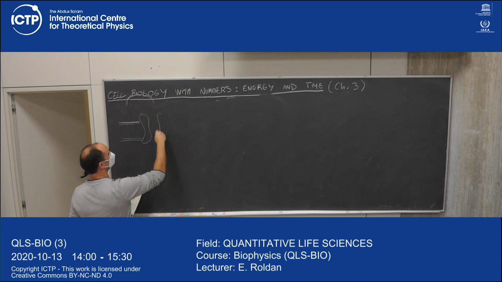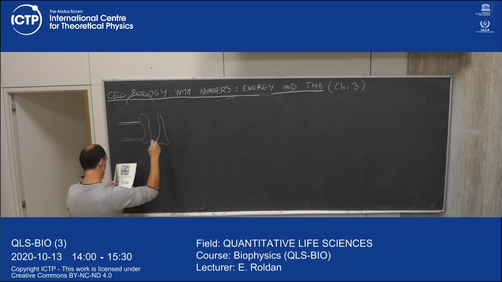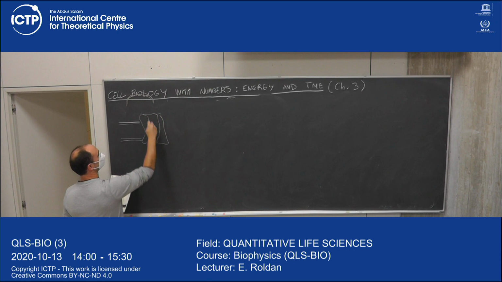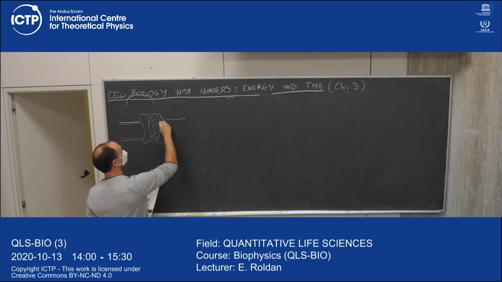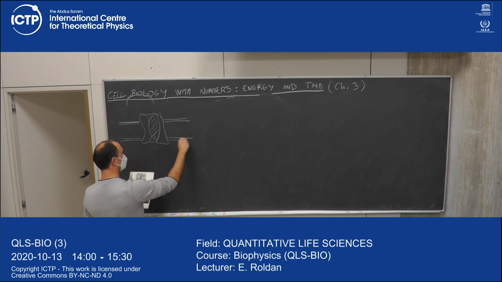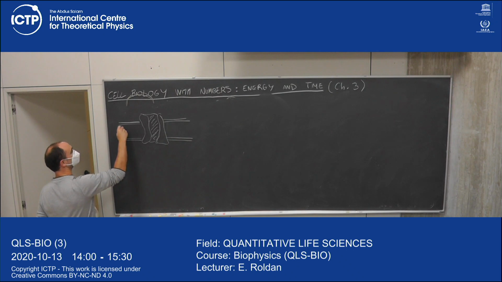This is a channel in a membrane. Okay, the drawing is not so nice. But the channel is a structure like this. This is an open configuration of a channel, this is the membrane, the plasma membrane.